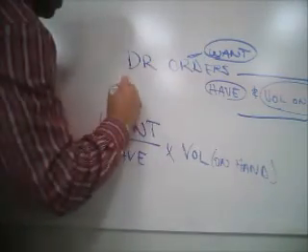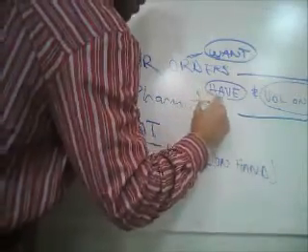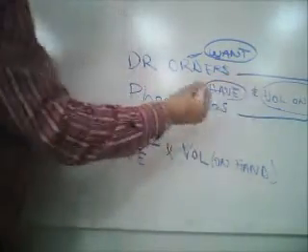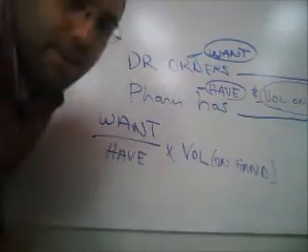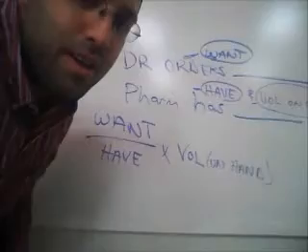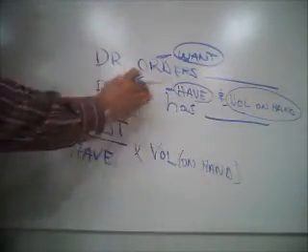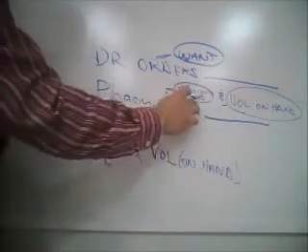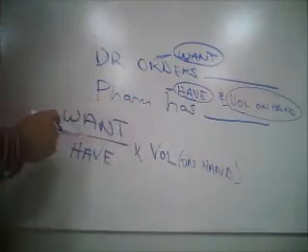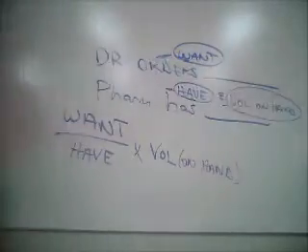And then what we have, or what the pharmacy has, is going to be our have and our volume on hand. Got that? It's always going to be this right here: pharmacy has what, or we have what to give to the patient. And that's a have, and then a volume on hand.